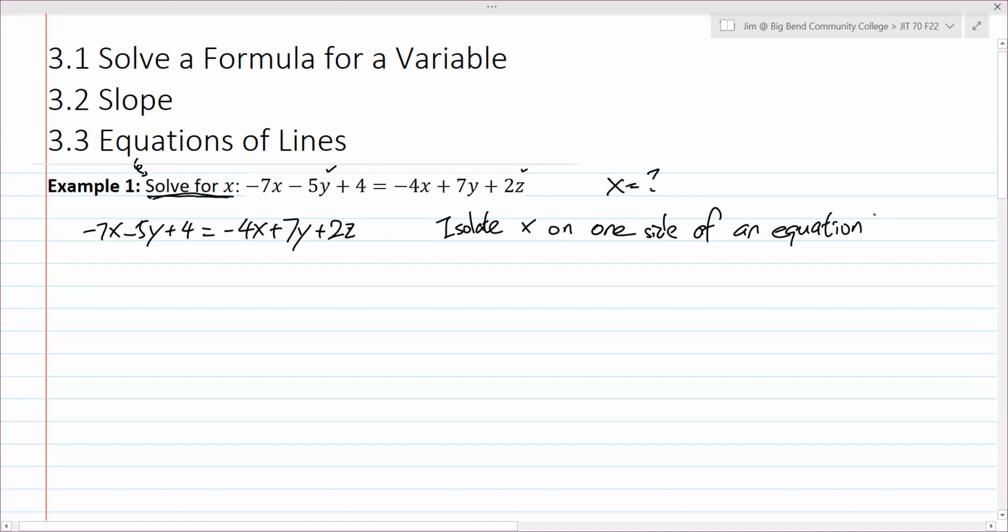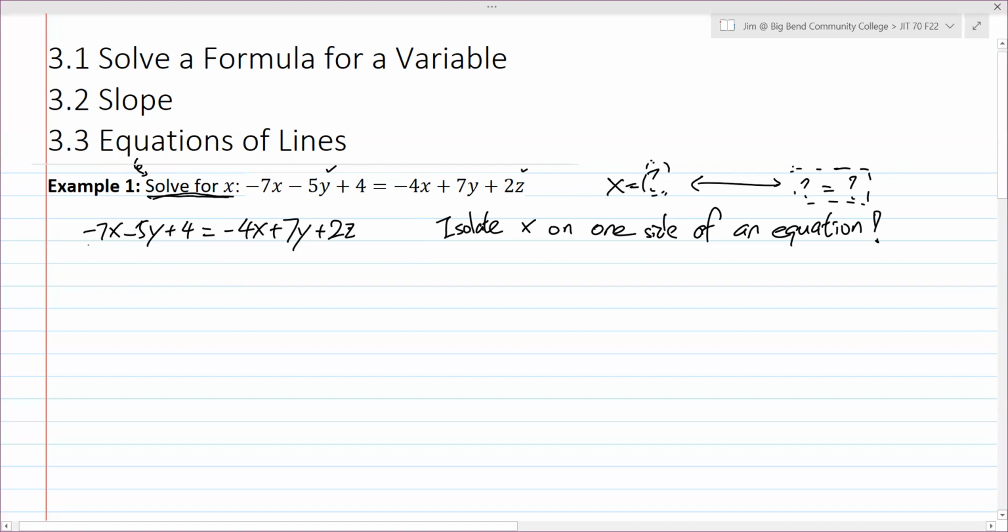Right, so what is an equation again? An equation is a line with something equals to something. That is an equation. And then that's our goal. Our goal is to make x equal to several terms on a certain side.